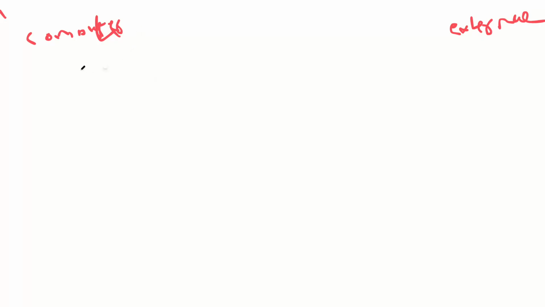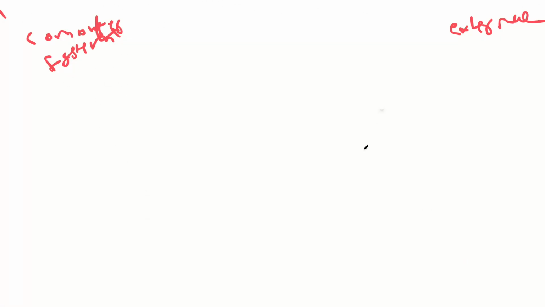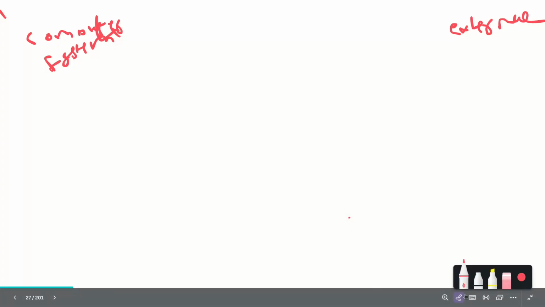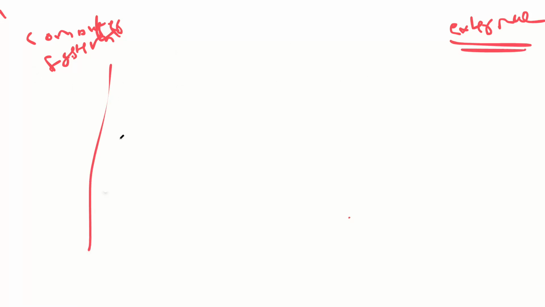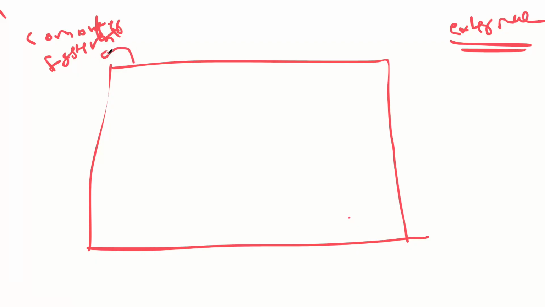In between the computer system, let me write system here, and the external devices, we have our I/O module. So this is the interface of the computer system with the I/O module, this is my I/O module, and this is the interface with the external device.